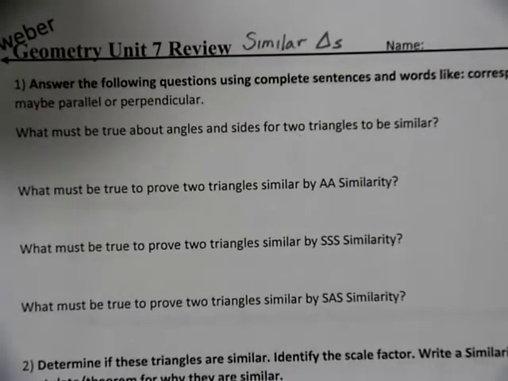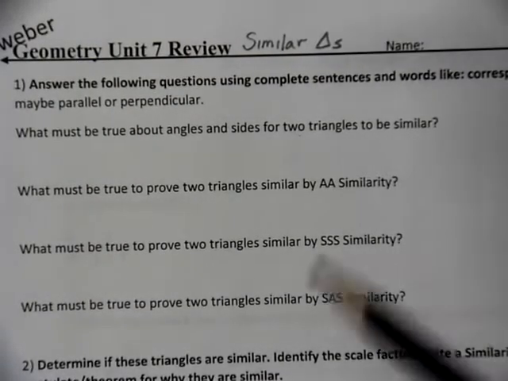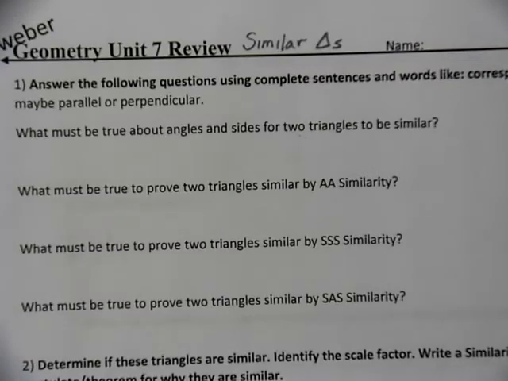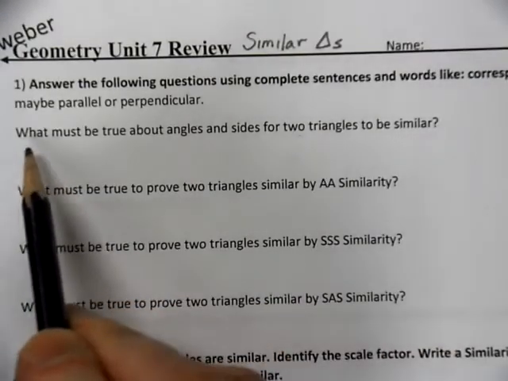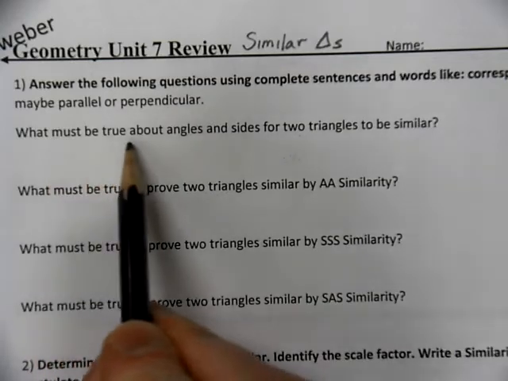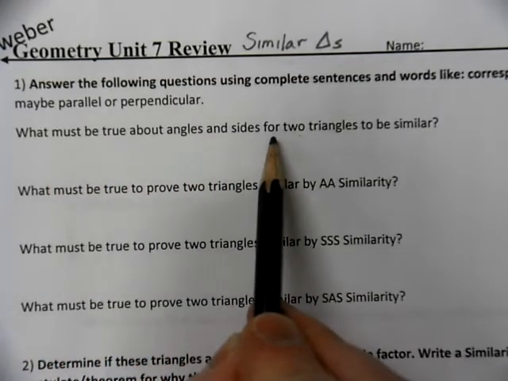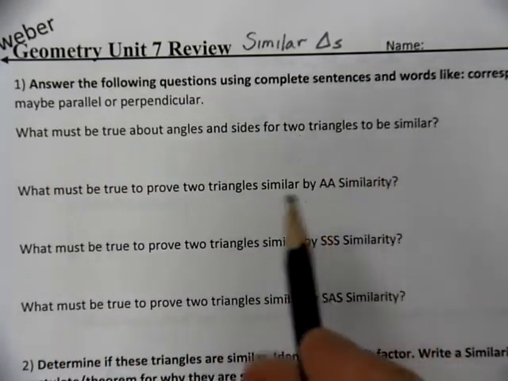This is Geometry, Unit 7. We're working on similar triangles. What we want to check on is what must be true about angles and sides for two triangles to be similar.